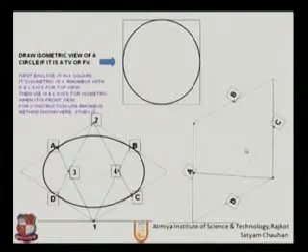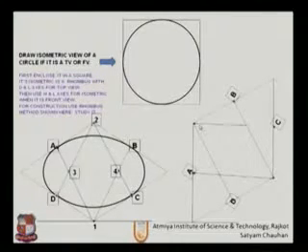So the same steps: from 1 to A, join 1 to A, and repeat the steps from the other point. Simply join D and C to get the intersect point.